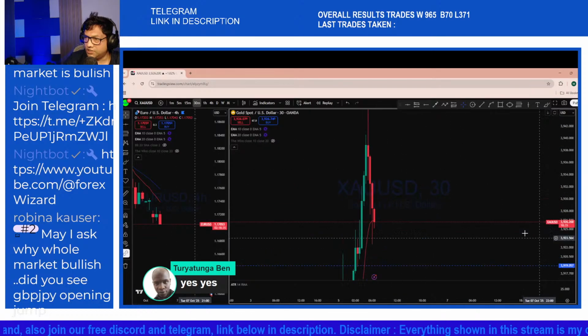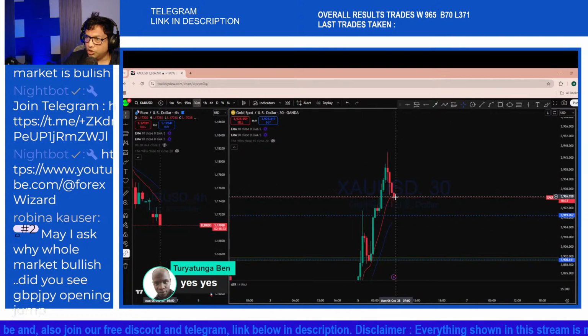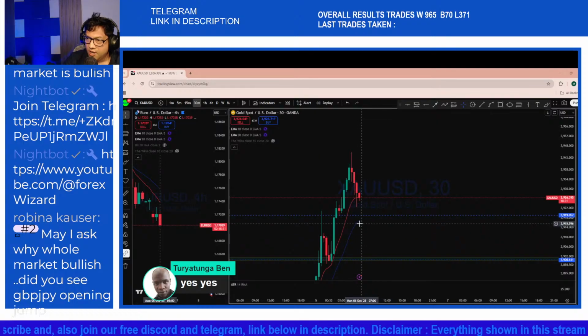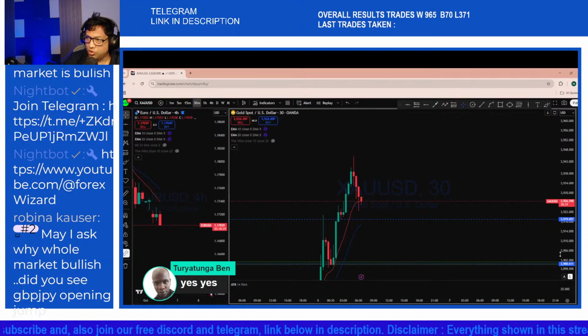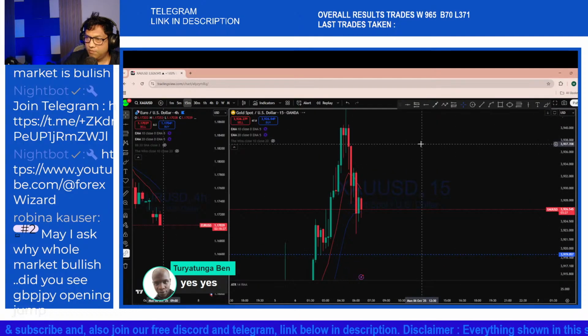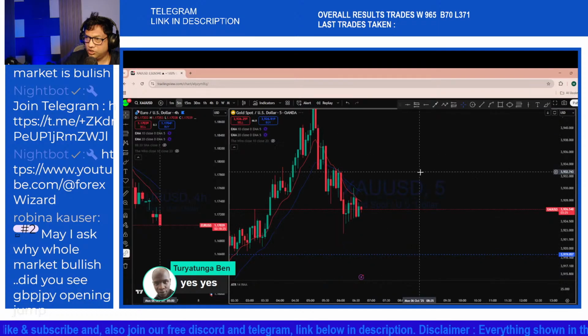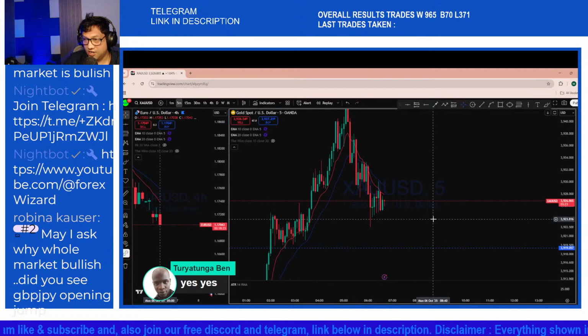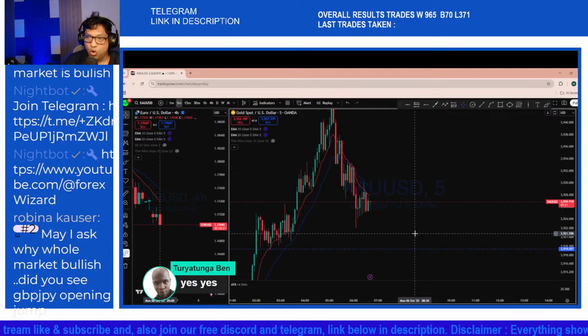Approaching that support, we expect the market to potentially break that low here, crack that zone, and then revert back to the major direction of the trend. So this is where the market is currently trying to break that low.